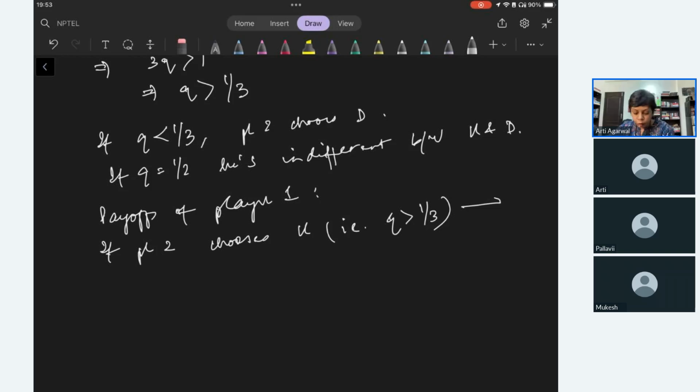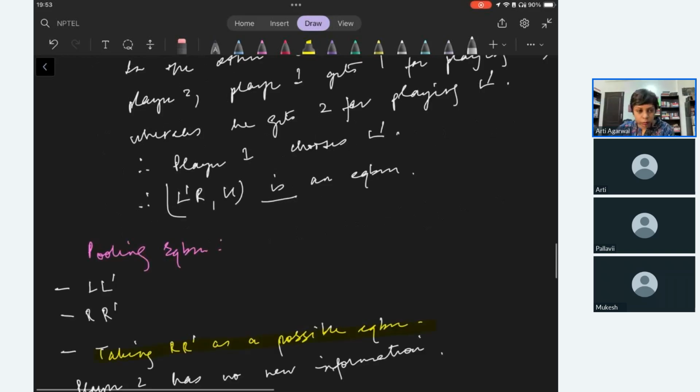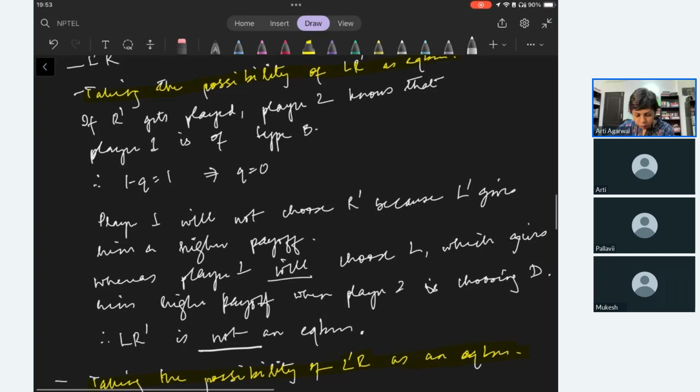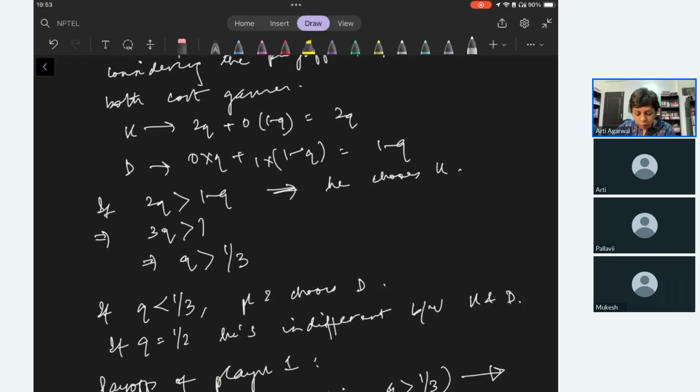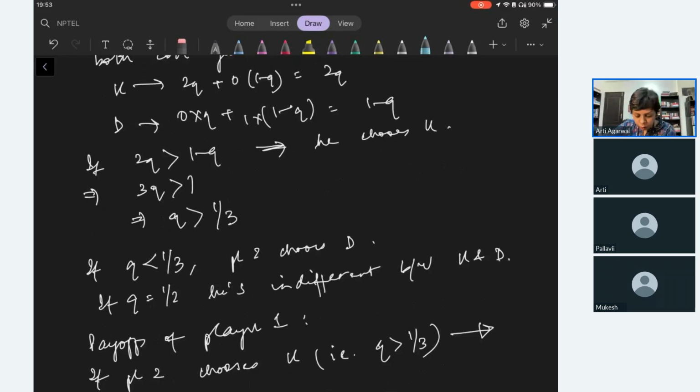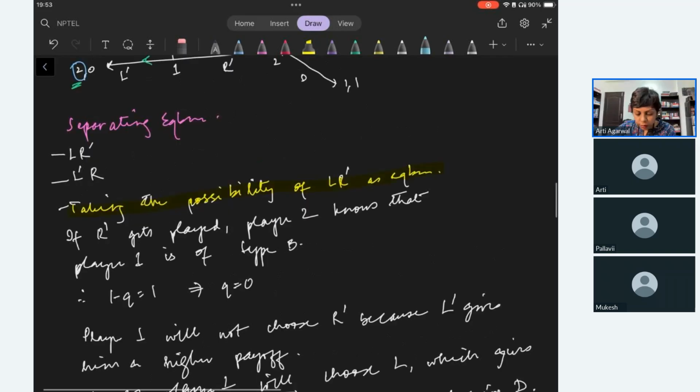If player 2 is choosing U, no, it's not less than 1 by 3. Okay. So if player 2 is choosing U, let's look at the diagram.